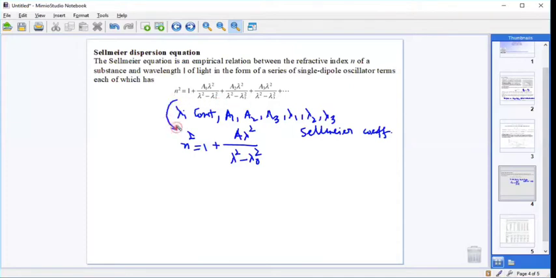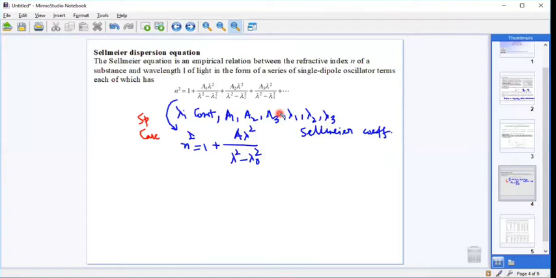This equation is the special case where we terminated the higher order terms. Here A1, A2, A3 and lambda 1, lambda 2, lambda 3 are called the Sellmeier coefficients, which are determined by fitting this expression to the experimental data. One can derive the Cauchy constants A, B, C in terms of the Sellmeier constants A and lambda naught squared.